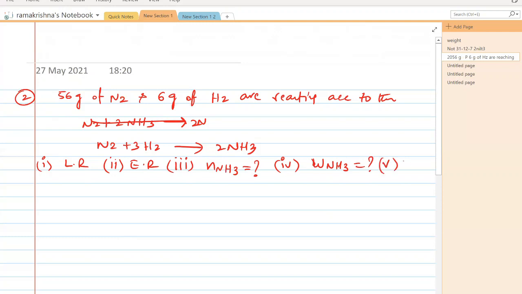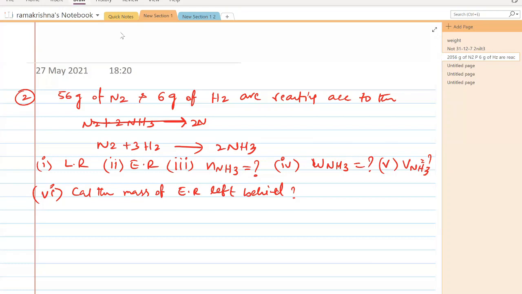Fifth question, volume of NH3 at STP formed in the above reaction. And sixth question, calculate the mass of excess reagent left behind at the end of the reaction. So all these 6 questions we can do in an easy way.